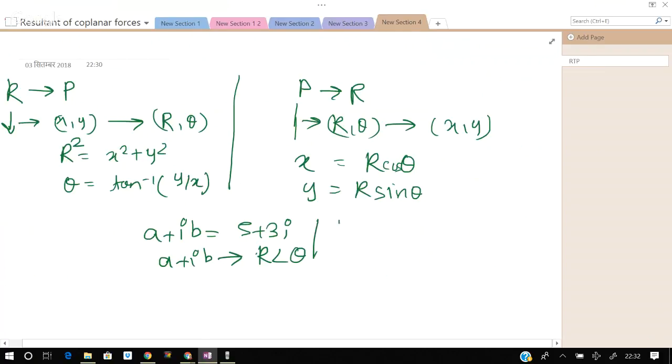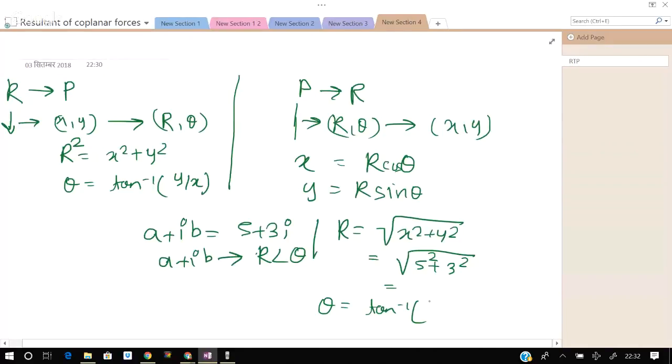So technically r will be equal to the square root of x square plus y square. So that is the square root of 5 square plus 3 square. This will give you some value, and theta will be equal to tan inverse of 3 by 5. So these are the values which we will encounter.